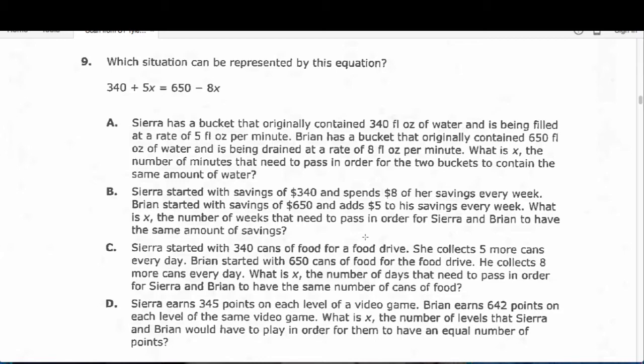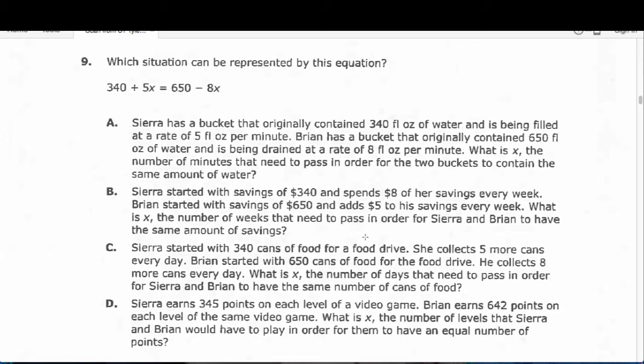Brian has a bucket that originally contained 650 fluid ounces of water and is being drained at a rate of 8 fluid ounces per minute. What is x? The number of minutes that need to pass in order for the two buckets to contain the same amount of water.